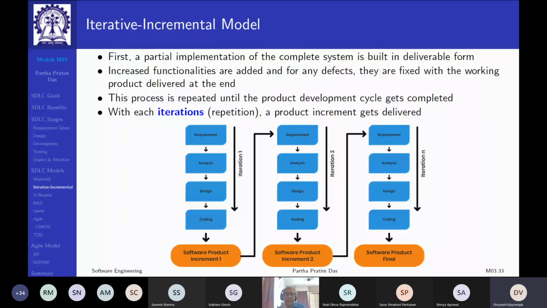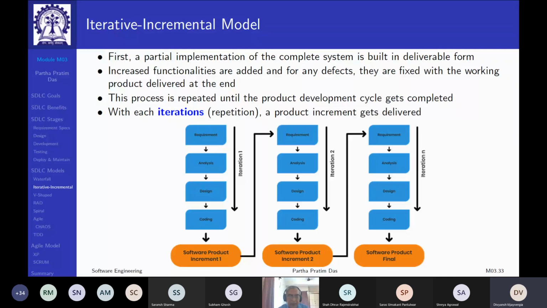So that you don't start with the entire project in one go, but develop it in stages. And every stage is called an iteration. How you design one particular iteration is obviously very subjective, and it depends on the product, the project, and the manager who is deciding all this.